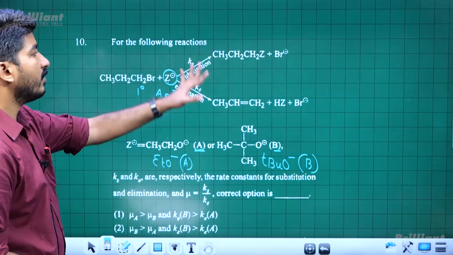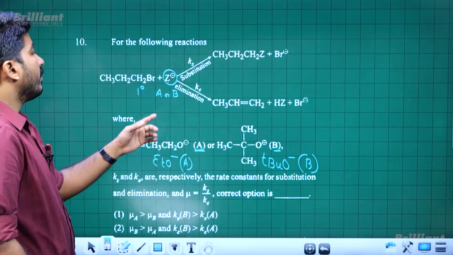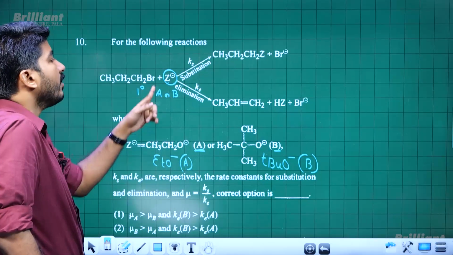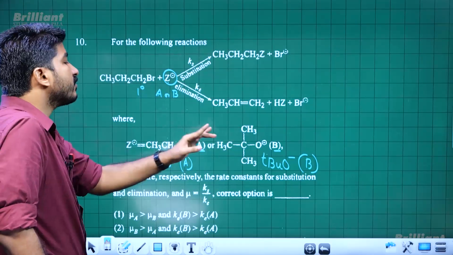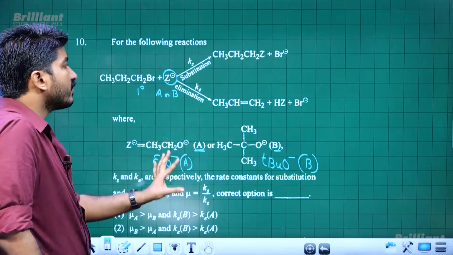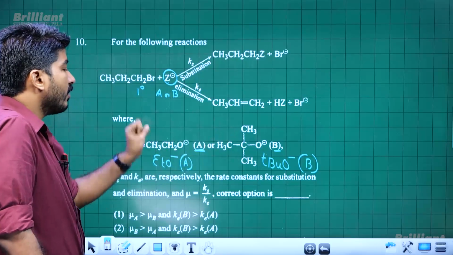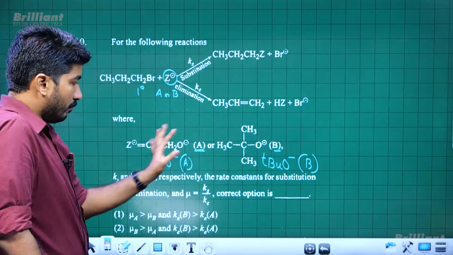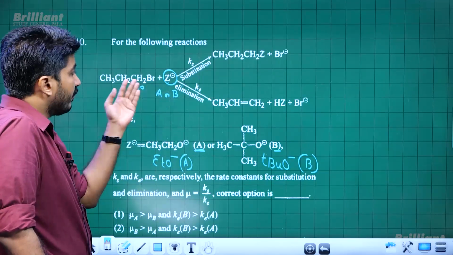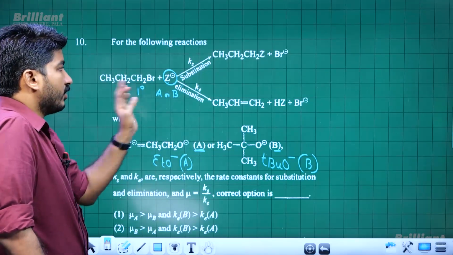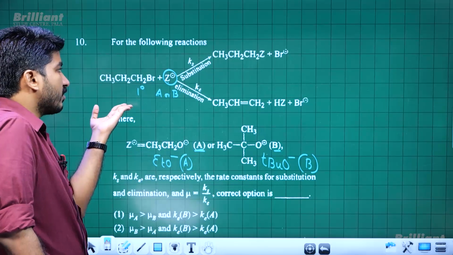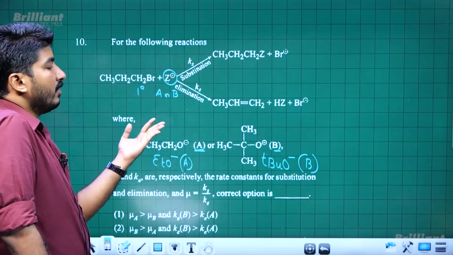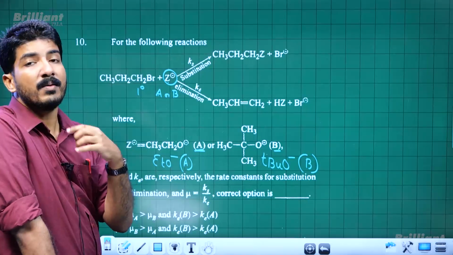Then we are comparing these two reactions. Here this is a primary haloalkane, and we are using a nucleophile as well as a base. These are alkoxides. Alkoxides are strong nucleophiles, and strong bases also. Therefore, both of them can show both nucleophilic substitution and elimination reactions on this primary substrate, right? The question is which is the major reaction.